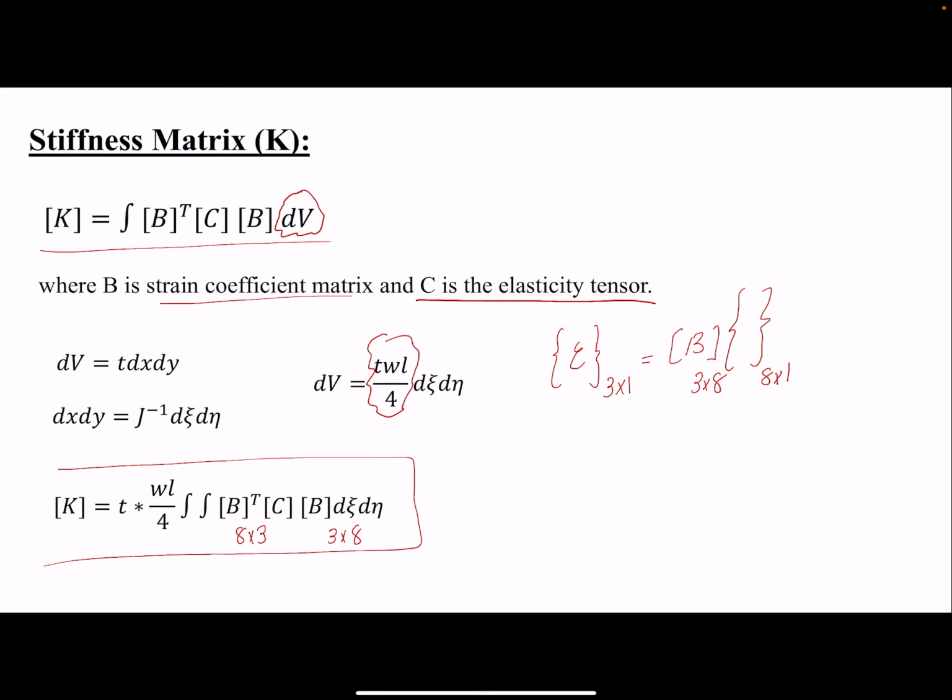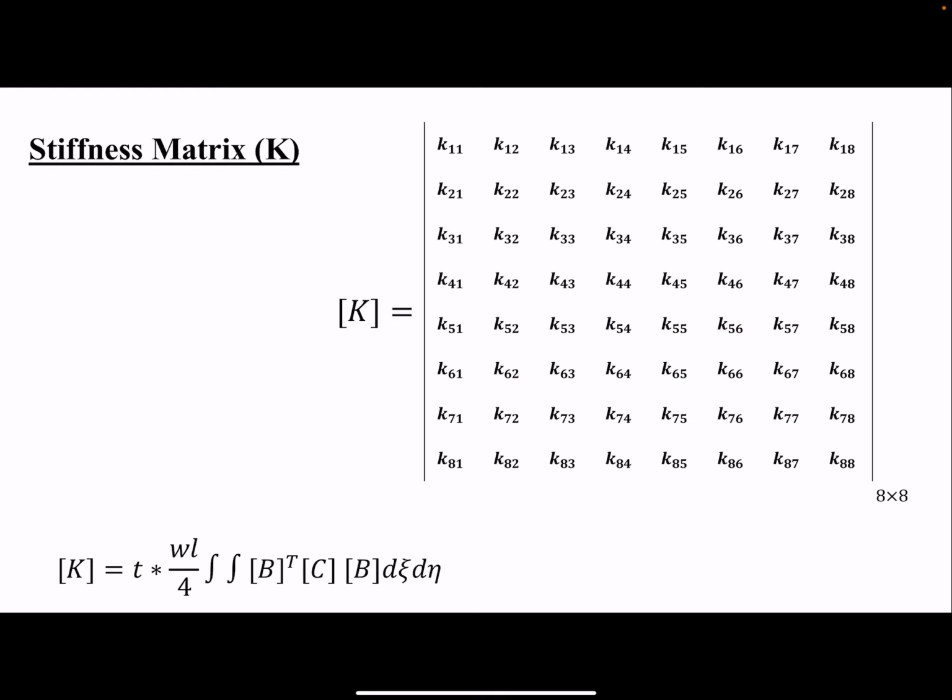And the elasticity tensor for a 2D case, whether it's plane stress or plane strain, is 3 by 3. So can you tell me what would be the order of our stiffness matrix? Our stiffness matrix would be 8 by 8. And that's what we expected, because we have 8 degrees of freedom for a linear quadrilateral element.